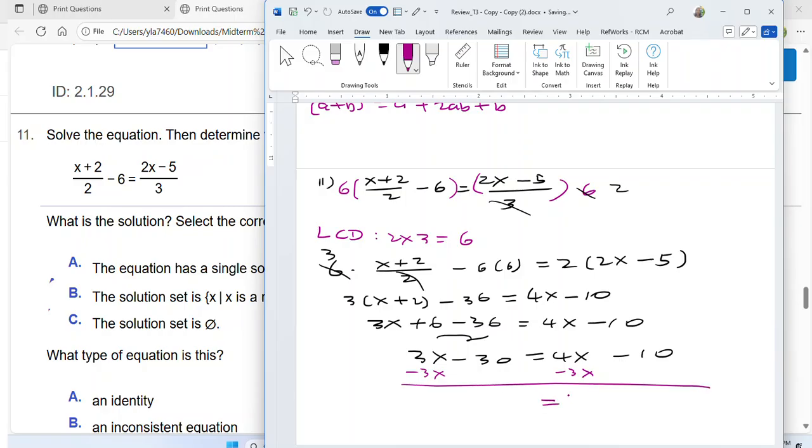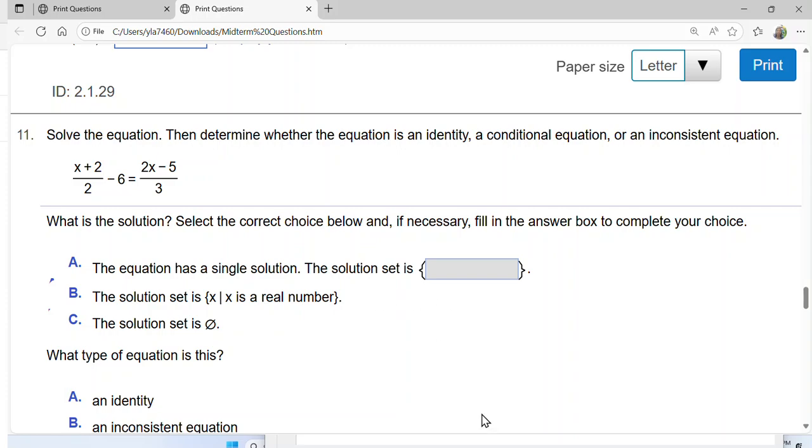These two cancel out, these two cancel out, right? So this will be x, and then negative 30 plus 10 will be negative 20. So we do have a solution here, just one solution. So x will be negative 20. That means this one is a conditional equation.